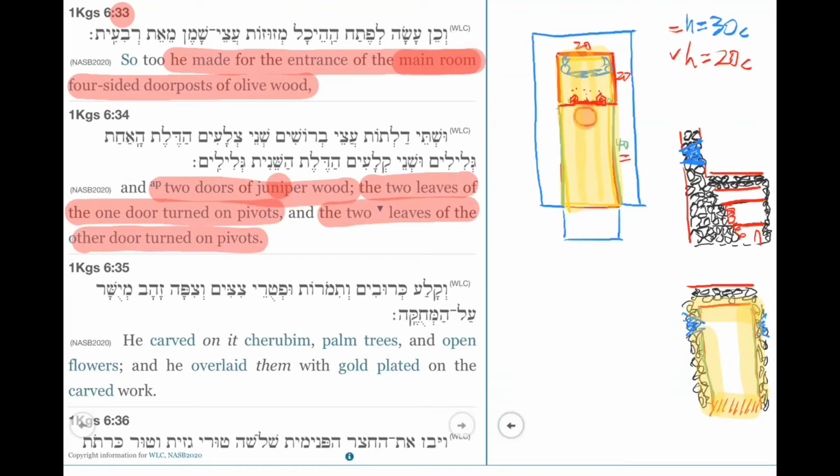So now we have 4-sided doorposts, which would be, I would imagine, square blocks. And this would be in front. And 2 doors with leaves that will turn, right?